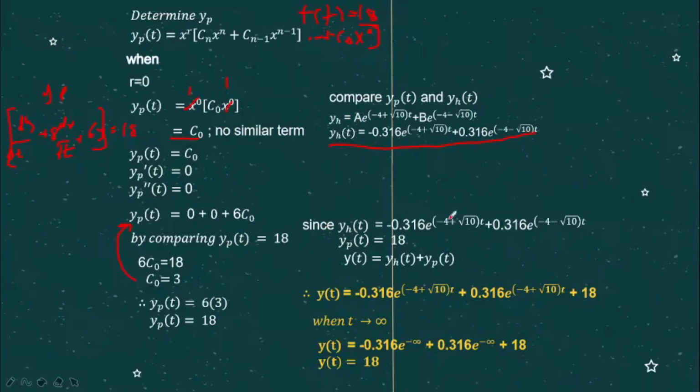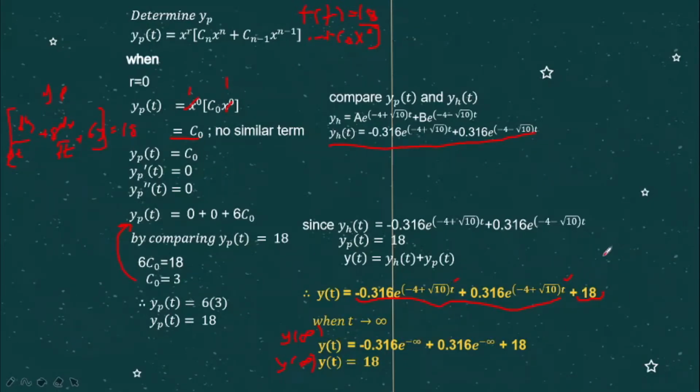Since we get yh and yp, therefore we can get the equation of y(t) equal to yh plus yp. And then we will get this equation. This is from yh and this is y(t). When t is equal to infinity, that means this is y infinity, this is also y infinity, and then we substitute t equal to infinity, we get exponential of negative infinity and exponential of negative infinity.